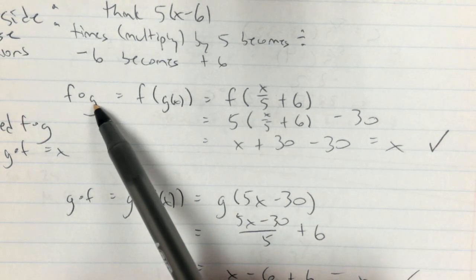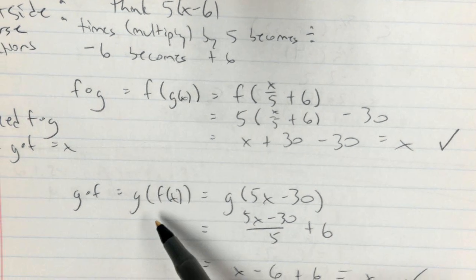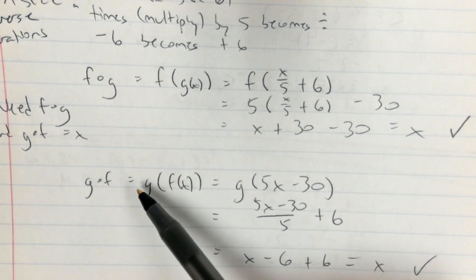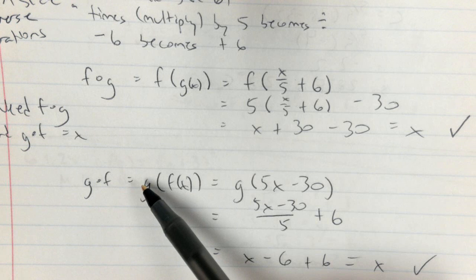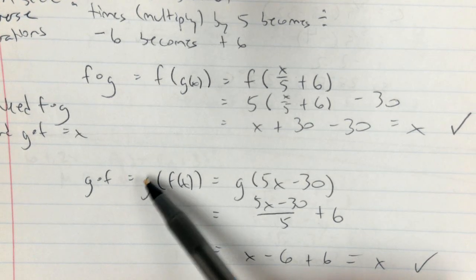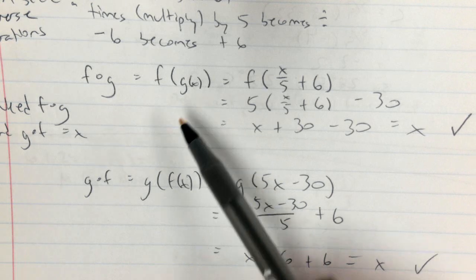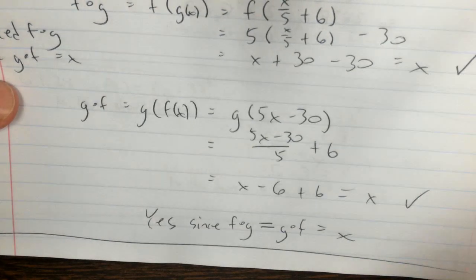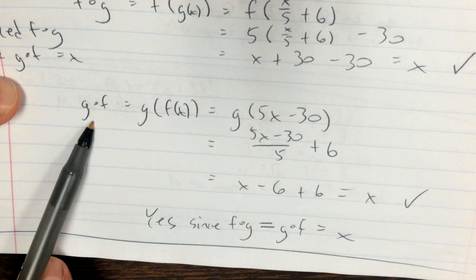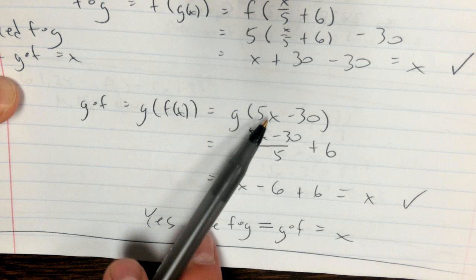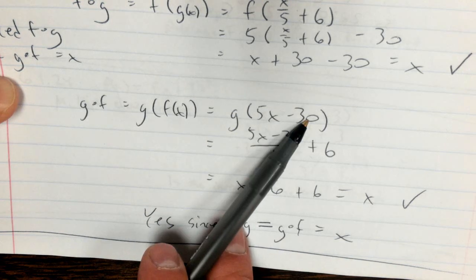So it worked for f circle g, but now we have to do g circle f. You have to do both sides, because there are times I've seen before, like in pre-cal and sometimes Algebra 2, where one of them is x, but the other is not. So when you do g circle f, that means you're doing g of f of x, so g of the 5x minus 30 function.